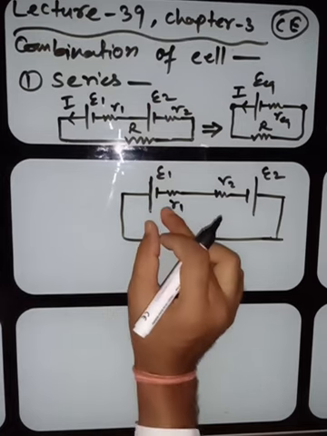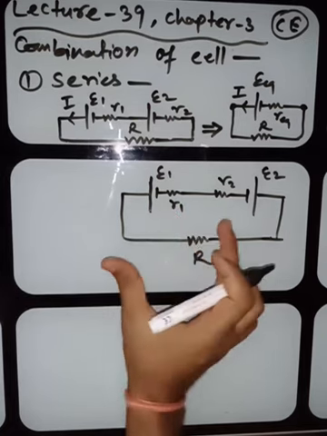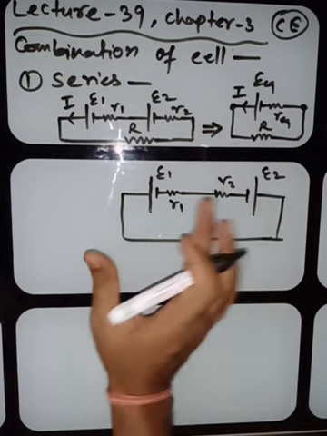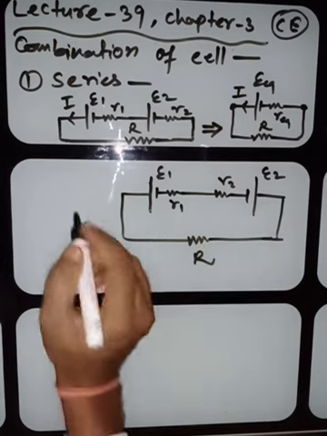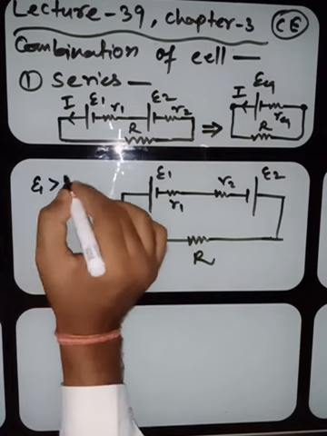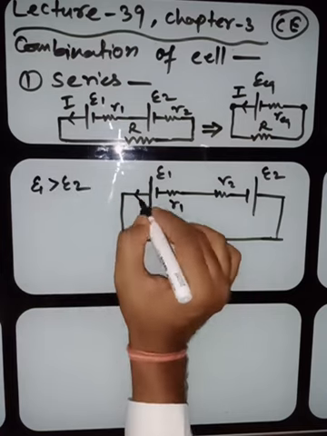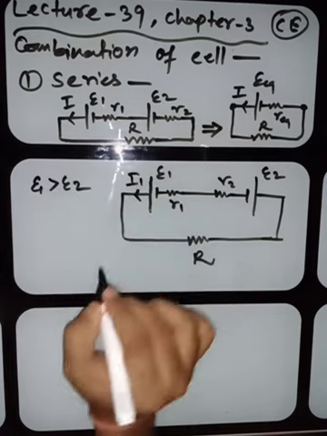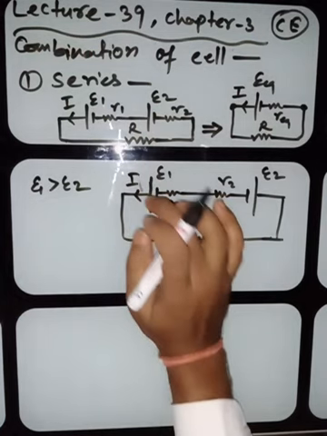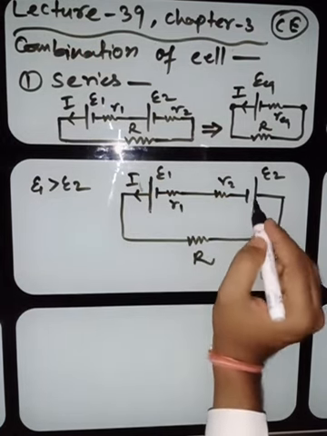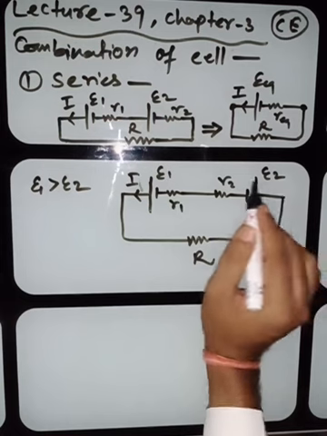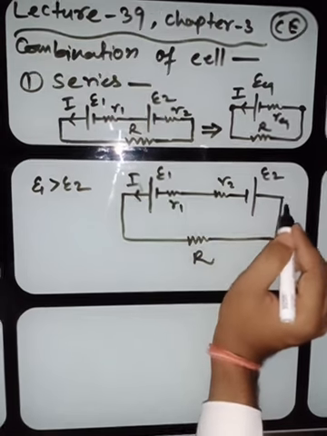If you flip any one cell, first you have to see which one is the mother cell. If E1 is greater than E2, then current will start moving in this direction. Sorry, if E2 is greater than E1, then current will move from this side.